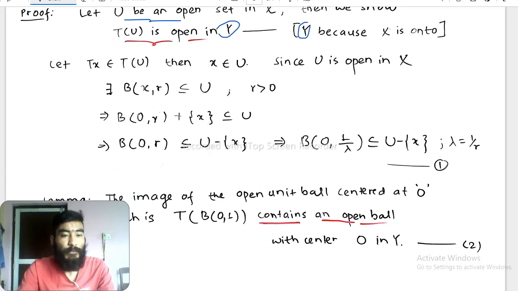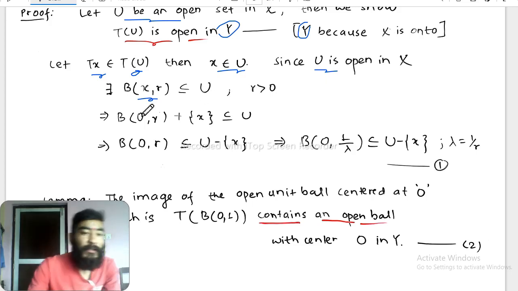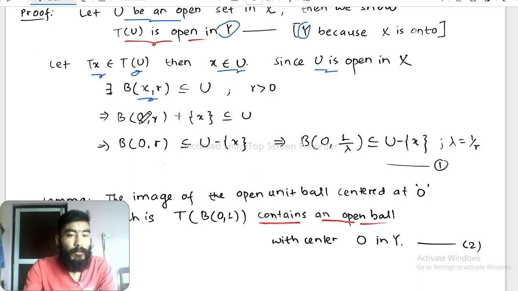Now to show TU is open, we take any element Tx of TU, where x belongs to U. By supposition U is open in X, so there exists a ball B(x, r) which is a subset of U. Now let us decompose this ball B(x, r) into a ball whose center is 0.